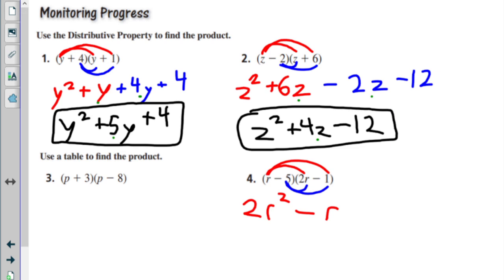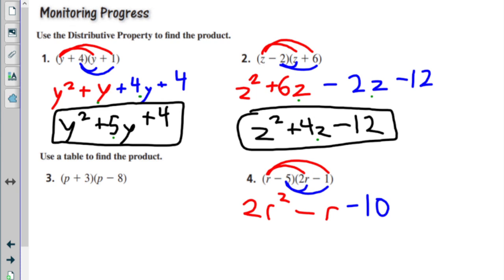Now I'm going to distribute the other piece, but I'm not distributing a 5, I'm distributing negative 5. So I'm taking negative 5 and distributing it across. So I have negative 5 times 2r. Again, treating the numbers and the variables separately, negative 5 times 2 is a negative 10.